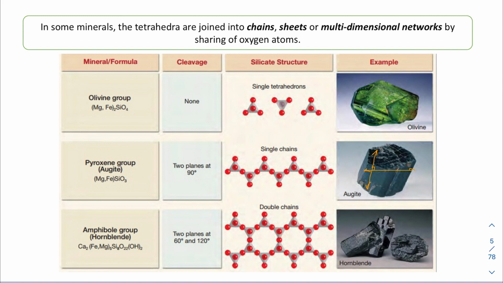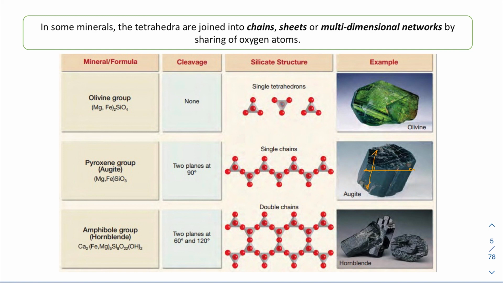And this is something you can see if you open VESTA and experiment with specific minerals. Click polyhedra, and you will see that some of the tetrahedra are formed into chains, into sheets, or multidimensional networks.